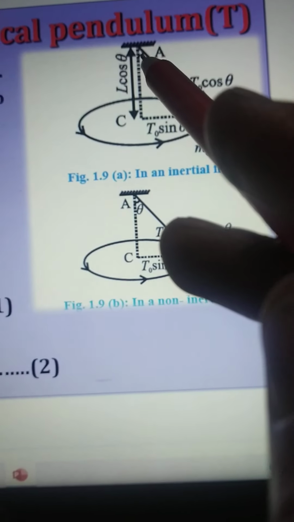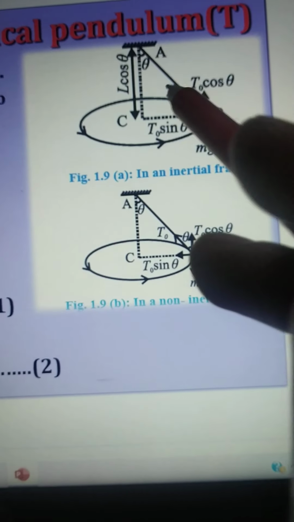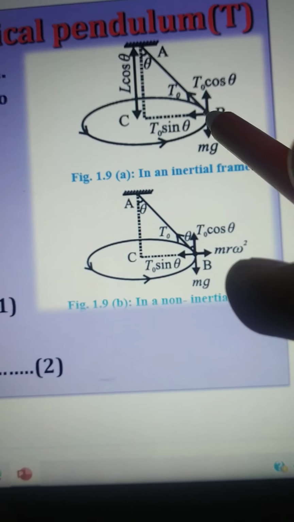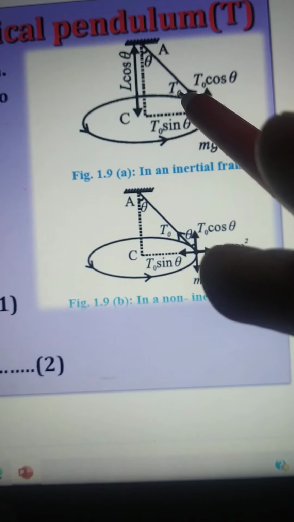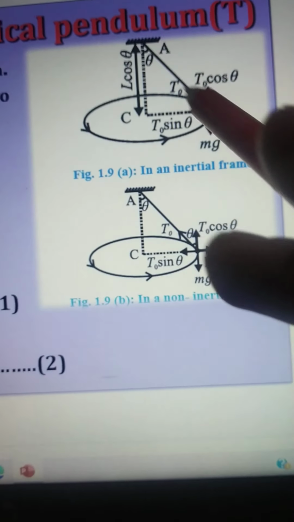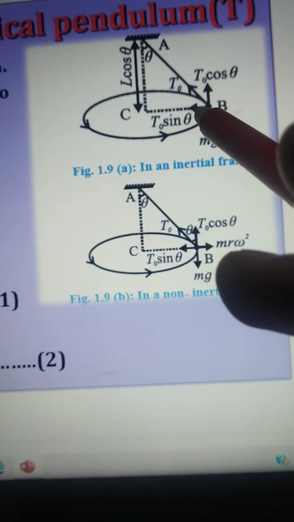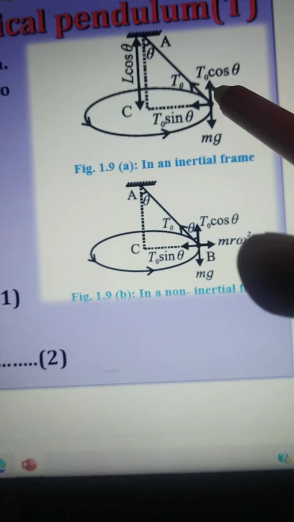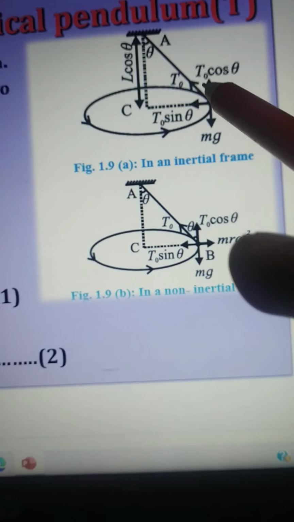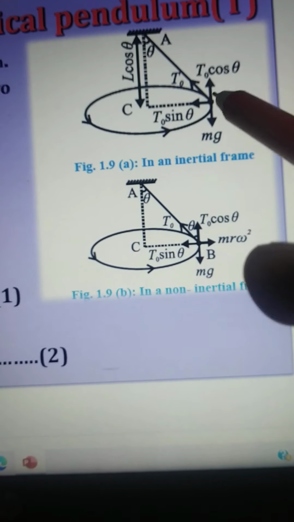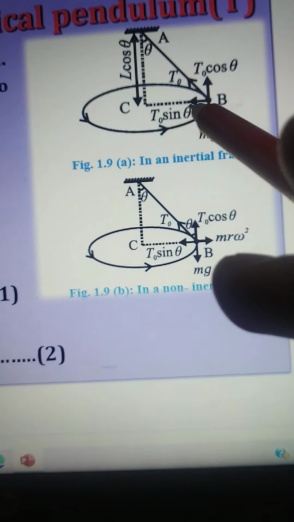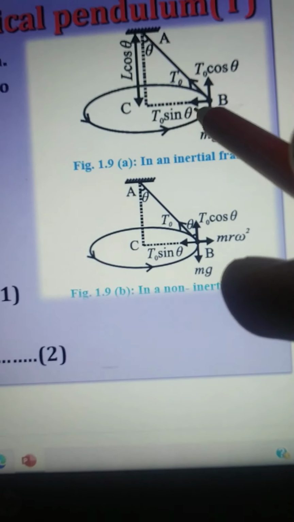Considering a point B and a point A, AB is the length of the string, and T0 is the tension on the string. The tension is divided into two components: the vertical component T0 cos theta, and the horizontal component T0 sin theta.